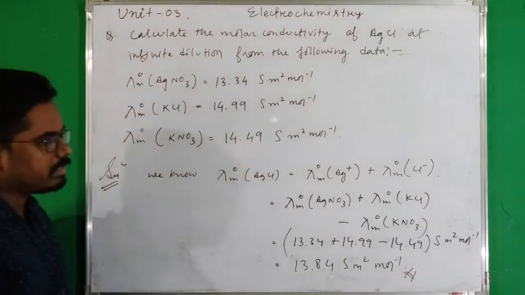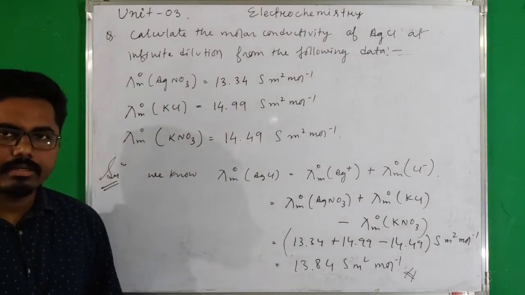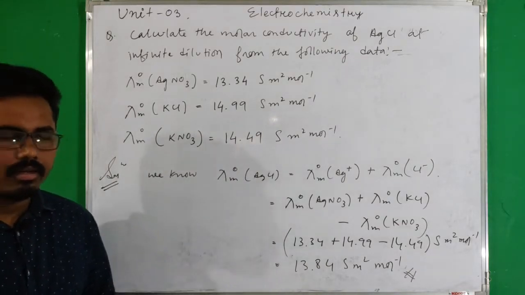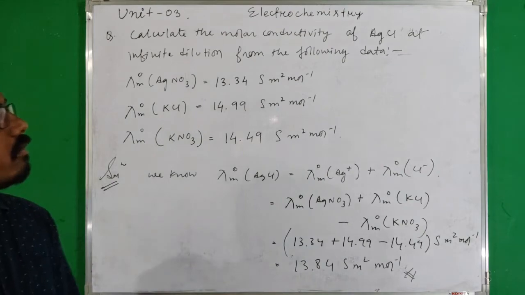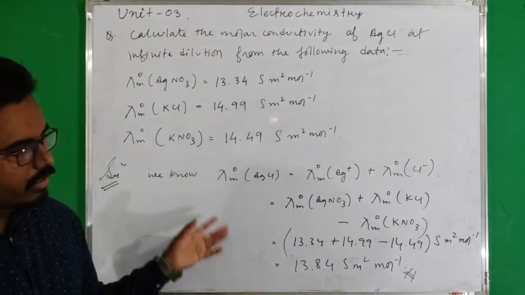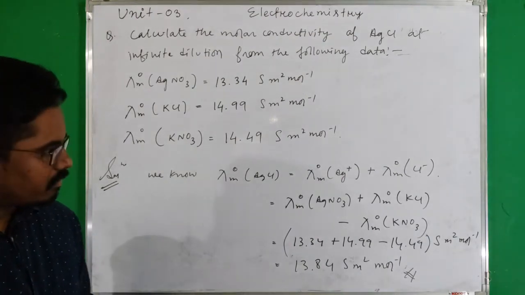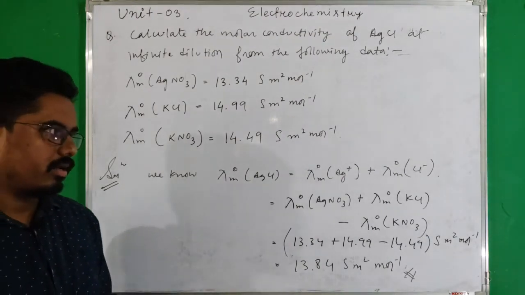So we have determined the limiting molar conductivity of silver chloride from the given data using Kohlrausch's law of independent migration of ions. So earlier we have determined for acetic acid, and now we have determined for silver chloride.